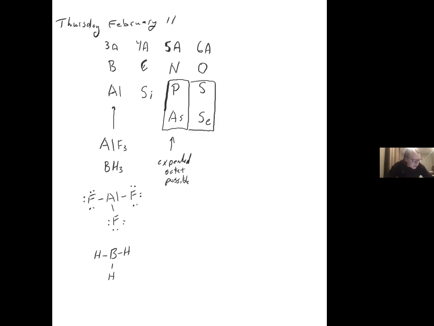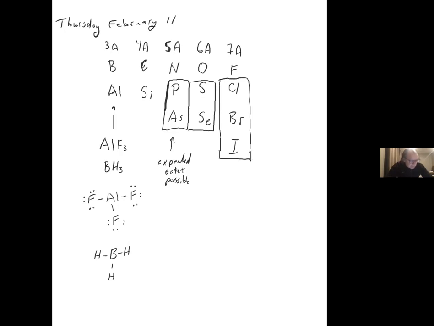So where you're seeing this occur is in that 3rd row. So let me do 7A. You get fluorine, chlorine, bromine, and I'm going to put iodine in here as well. It's all starting at the third row for this expanded octet.